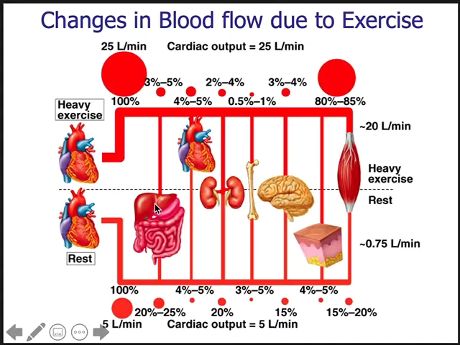We're always told, rest and digest. At rest, the most blood that you would send to the GI tract would be 1.25 liters, and the least would be 1. So at rest, you have at least 1 liter up to 1.25 liters.